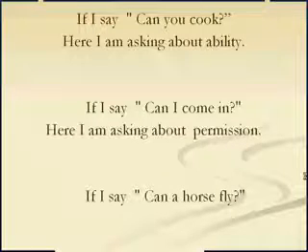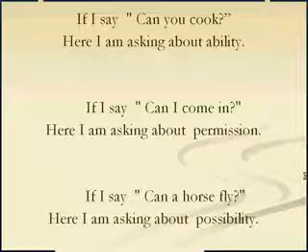And if I say can a horse fly, here I am asking about possibility. So it depends upon what you want to ask. If you're asking about an ability, or a permission, or a possibility, right? So it depends on the situation and the usage. The way you want to use it, you can use it, right?